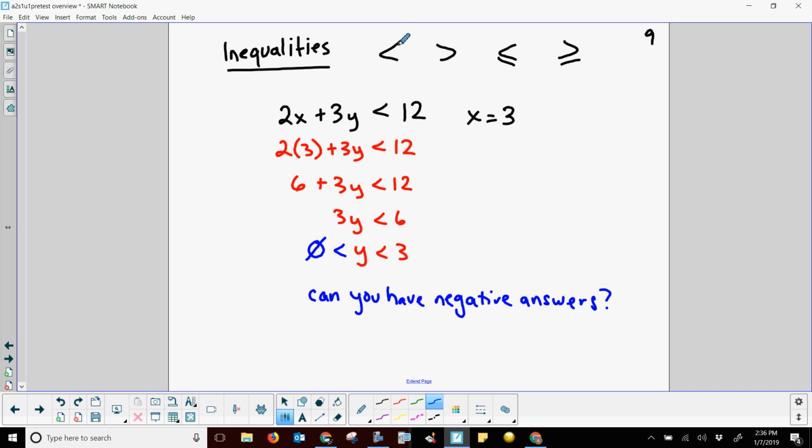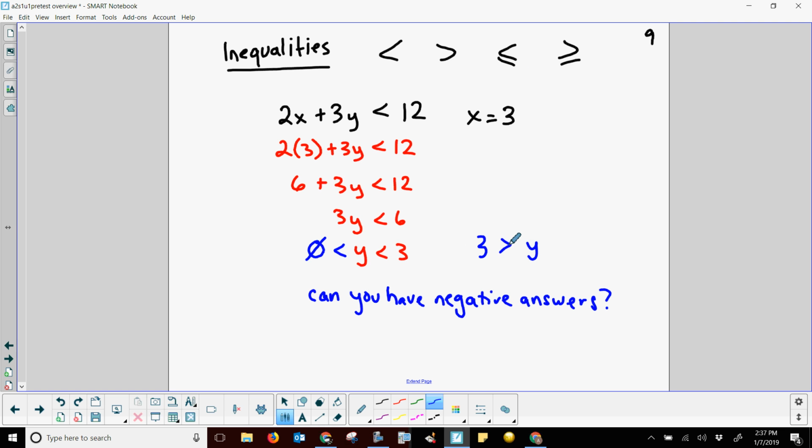But this is less than, this is greater than, less than or equal to, greater than or equal to. As long as your alligator is eating the bigger number, is how I learned it, then you're in good shape. I could have had these switched and said 3 is greater than y, which is the exact same thing.